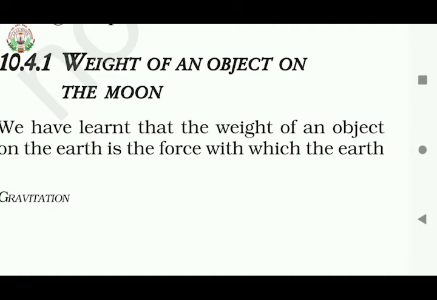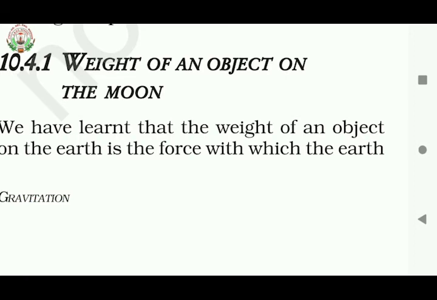It is the force with which the moon attracts the object. The gravitational force of the moon is about 1/6 that of the earth. Therefore, the weight of an object on the moon will be about 1/6 of what it is on the earth.